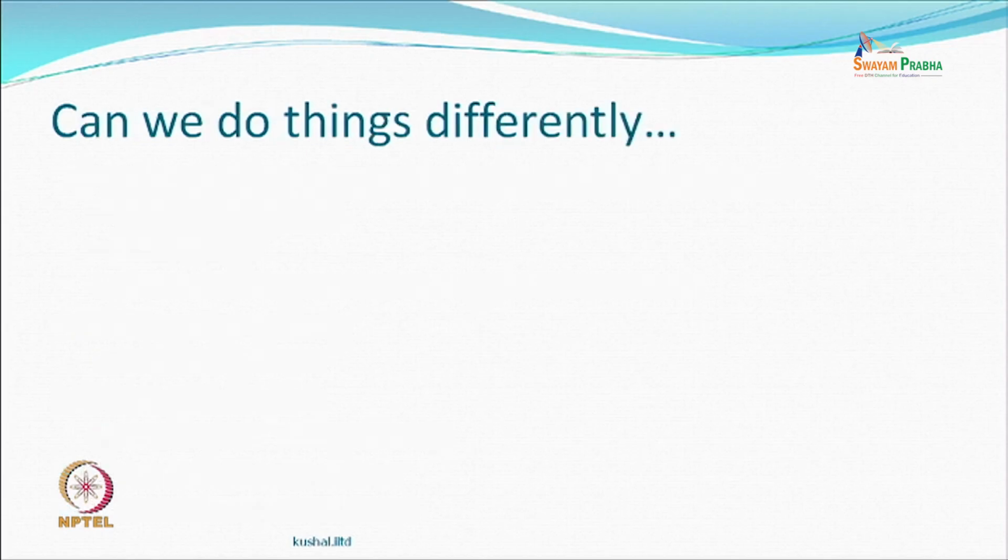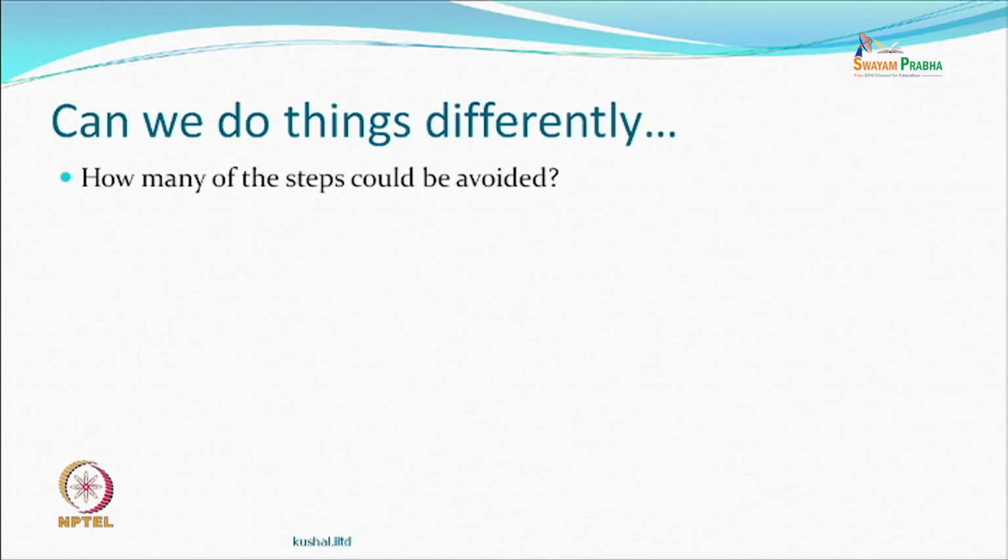So now the question that comes is, can we do things differently? Like you don't have rollers, you do not have screens, and you don't have anything else, and what can you do? That particular conventional printing obviously involves a large number of steps. People will be interested in whether we can avoid some steps and work around.